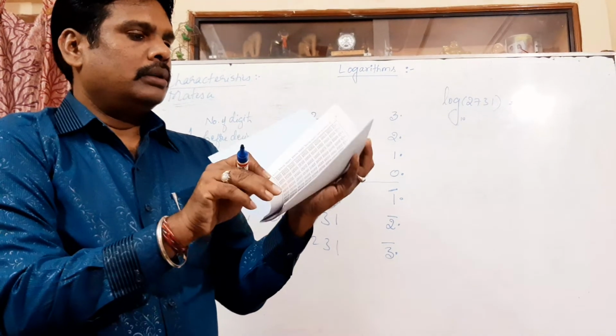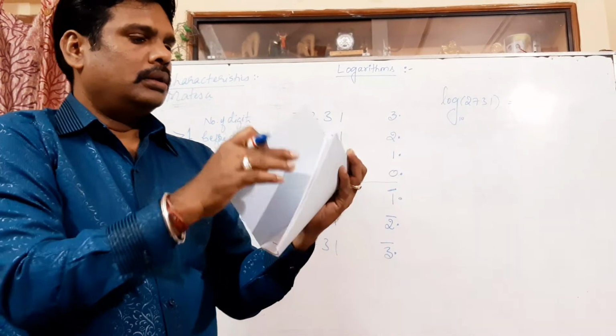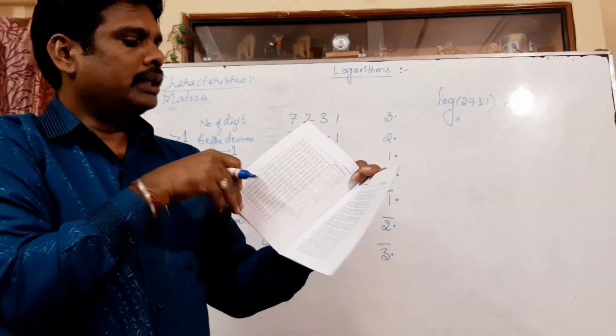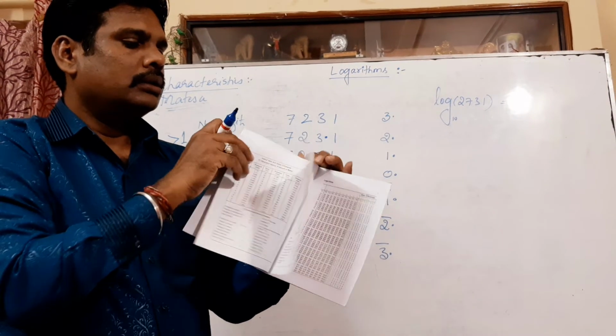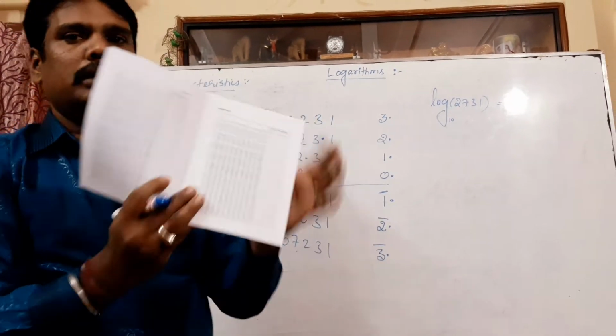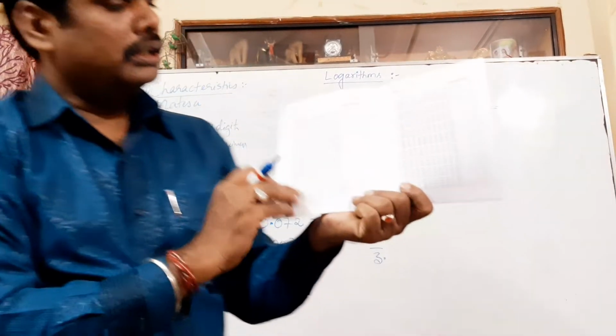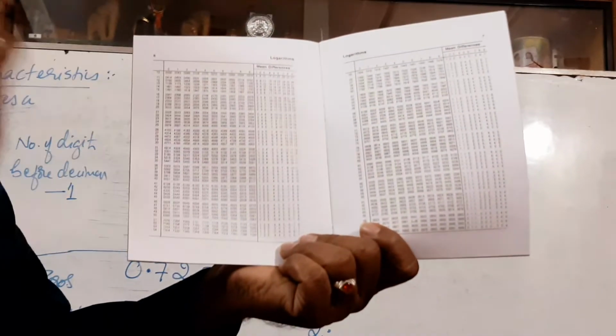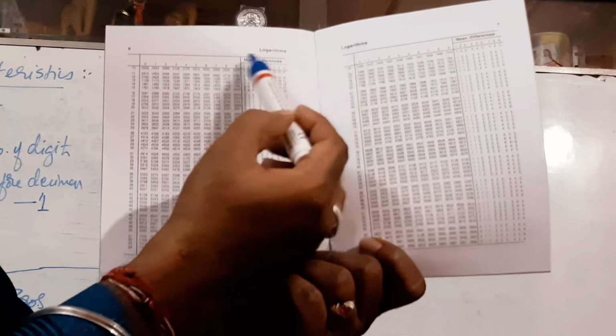I hope you have all already brought this type of book. In that you should open logarithms. These are the logarithmic tables. See, this is the first column and this is the first row.